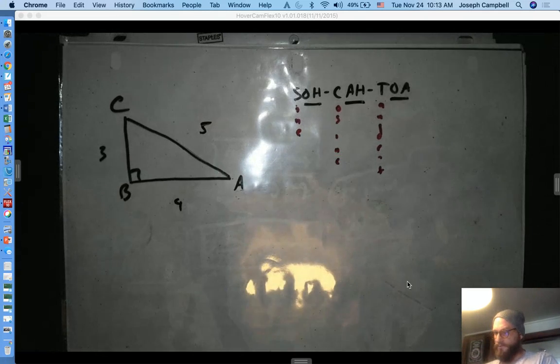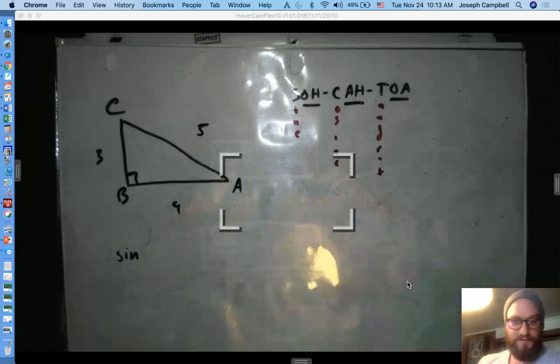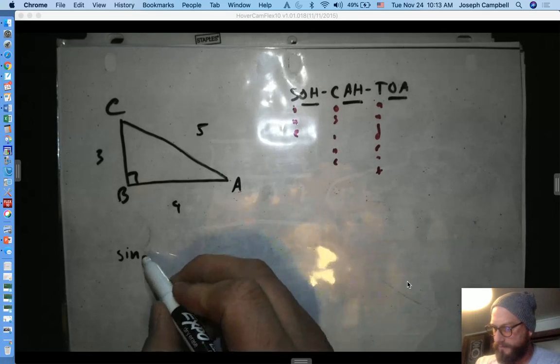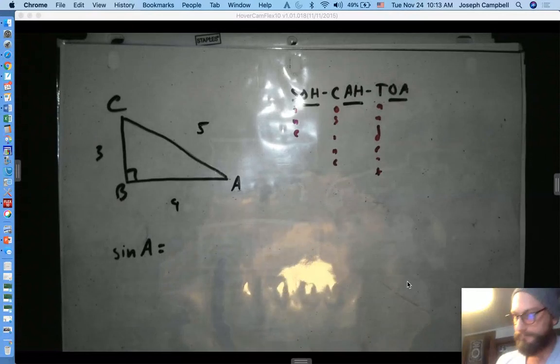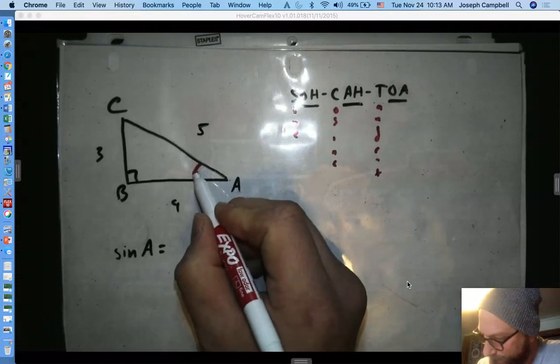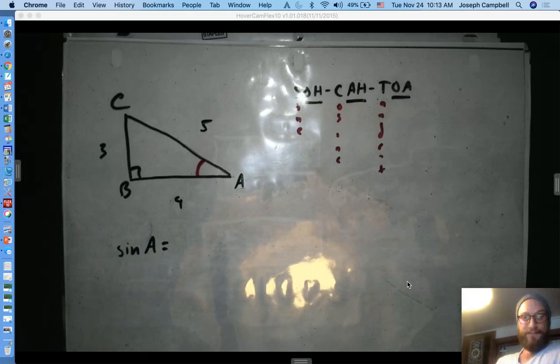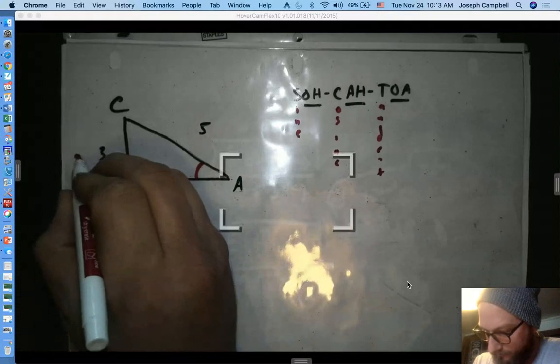So these are functions, right? We're going to abbreviate it with SIN, but please read that as sine. It's not sin. So let's look from the angle A. In relation to angle A, what is the opposite side? It is 3.